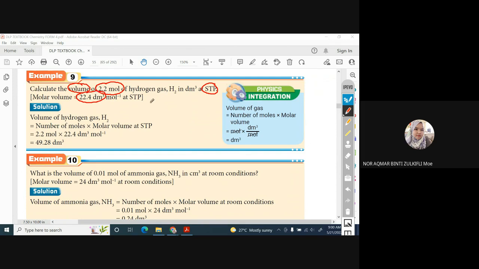Yang penting kena memorize the formula. Okay, mole equals volume over molar volume. Okay, so mole kita mau, memang kita nak cari mole. So volume we have, dia nak volume lah.